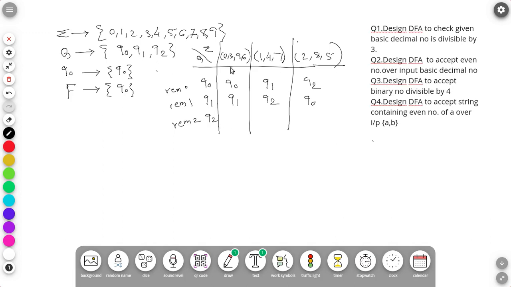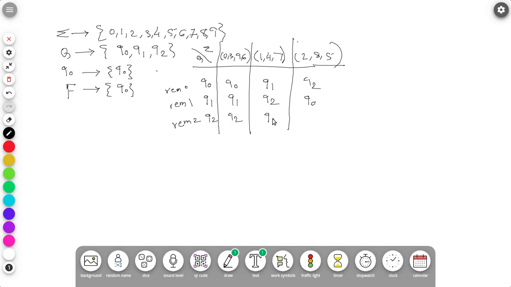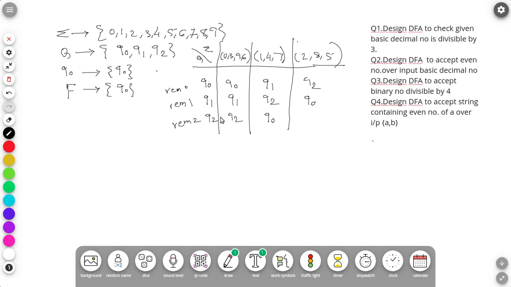Then Q2 with 0 or 3 or 9 or 6: 2 and 0 gives 20, and 20 divided by 3 gives remainder 2, so Q2. Then Q2 with 1 gives 21, which divided by 3 gives remainder 0. Then Q2 with 2 gives 22, which divided by 3 gives remainder 1.